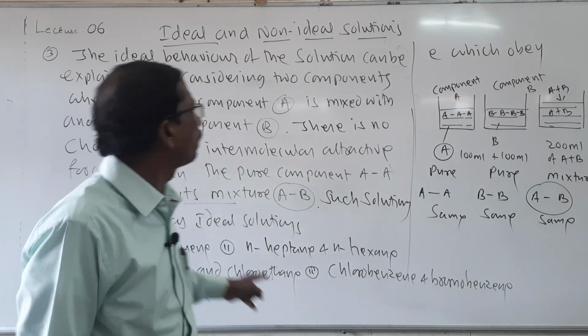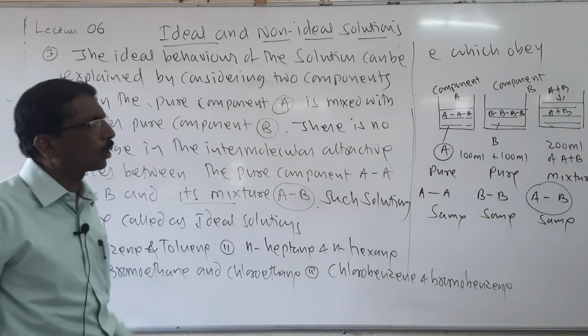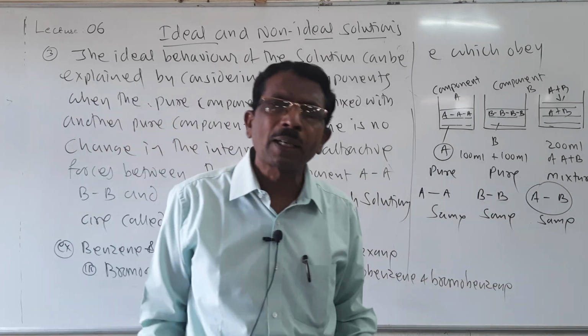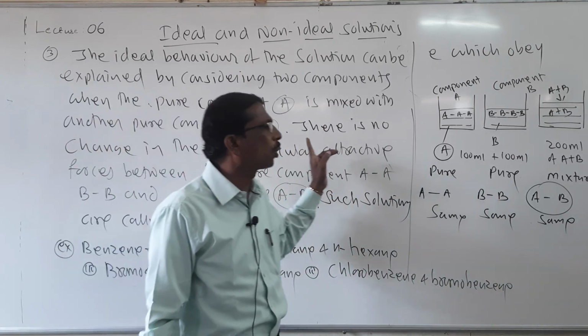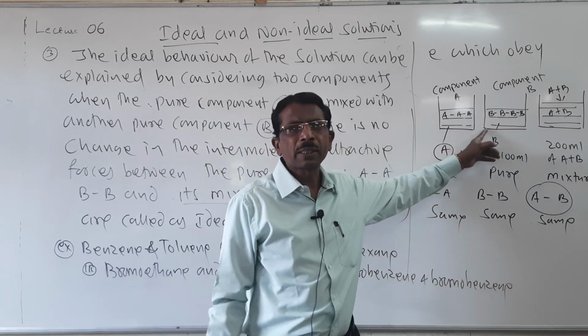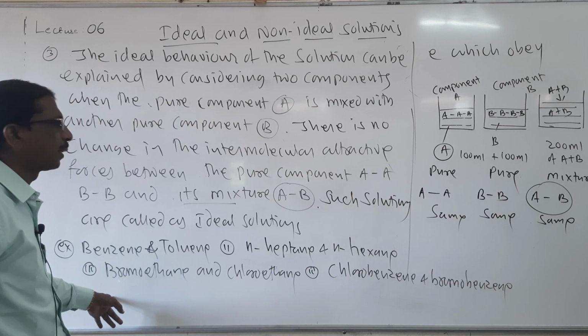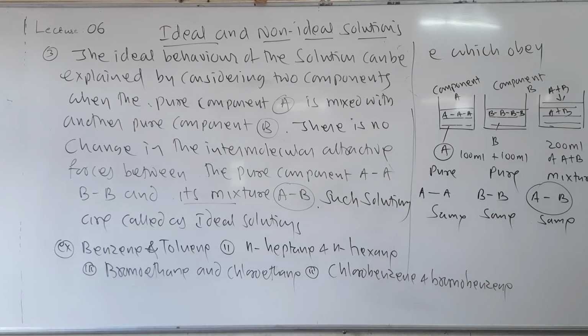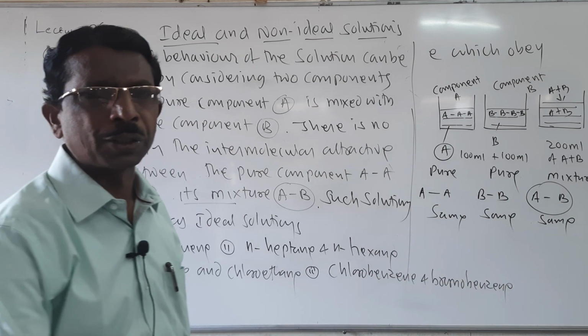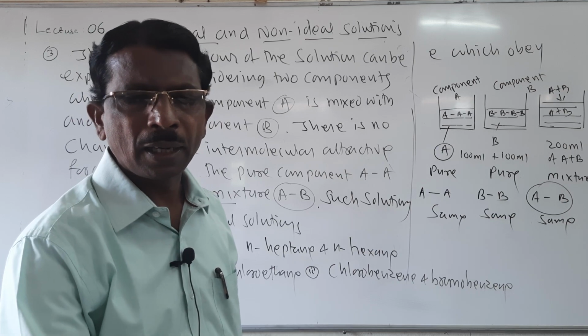And what is the reason behind this? The ideal behavior of the solution can be explained by considering the two components A and B, which I have explained already. Now let us see what are non-ideal solutions.